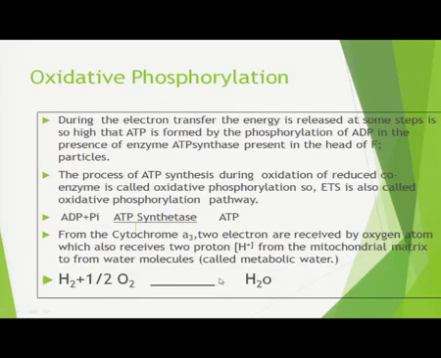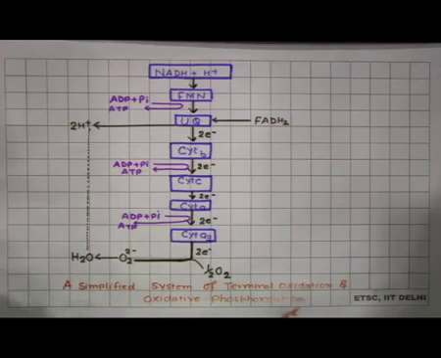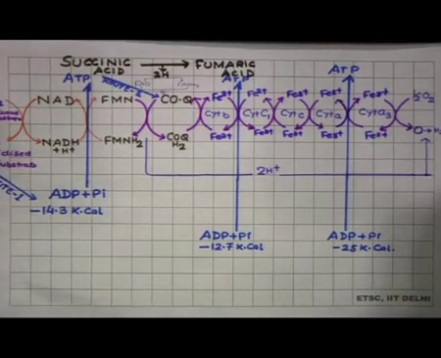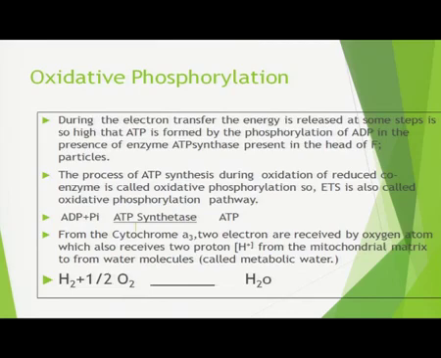Now, how is the electron going to be transferred? We can summarize here. We have seen that there are many steps where the electron and proton are released. Let us summarize from my last lecture.